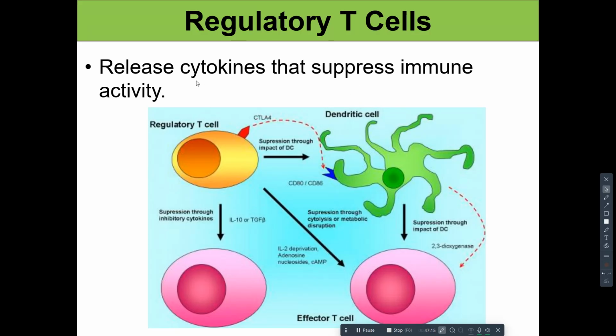They're going to do this, ideally, once we've defeated whoever is currently infecting us. Because we don't want immune cells going wild, because then they can start attacking our own body cells. And regulatory T cells help us prevent that from happening.